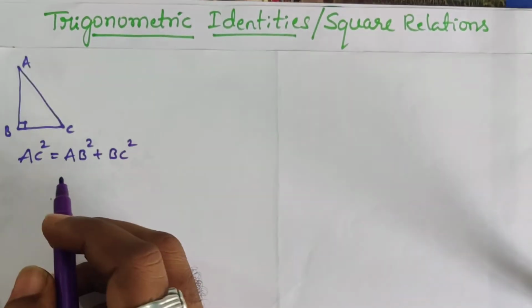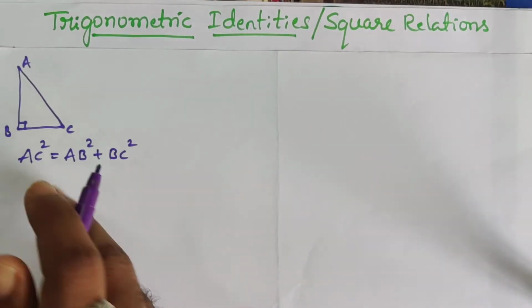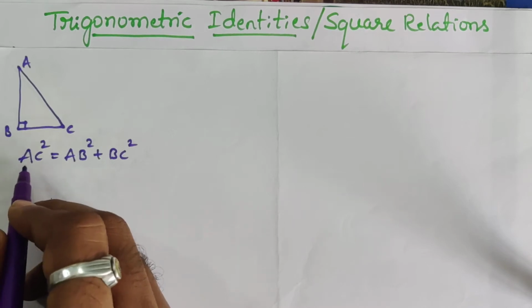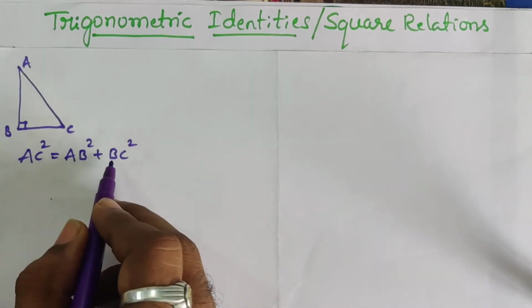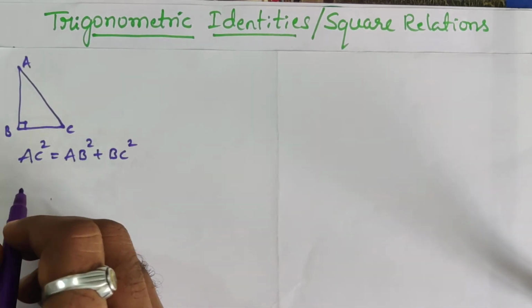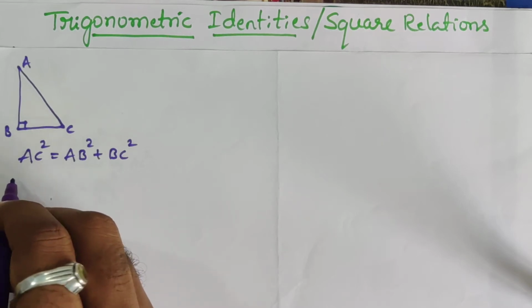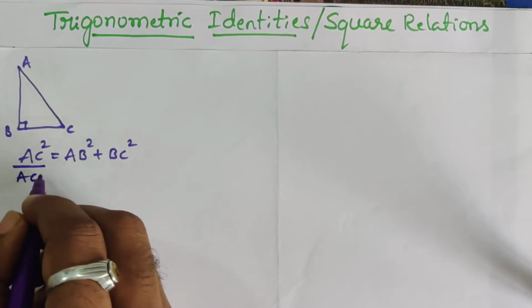Now, to achieve these square relations, we will be doing certain activities here. Let us assume that if I divide both sides by AC square, what will happen?